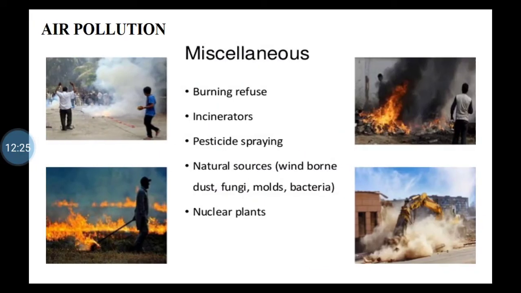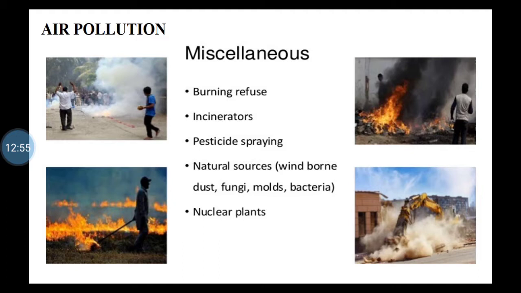Now, miscellaneous factors for air pollution are burning, isn't it? So, burning of agricultural waste in fields. Like in some states, you might be knowing if you're watching the news, in Haryana, Punjab, they burn agricultural waste, parali jo jalate hain, isn't it? So, burning refuse near homes is another factor.